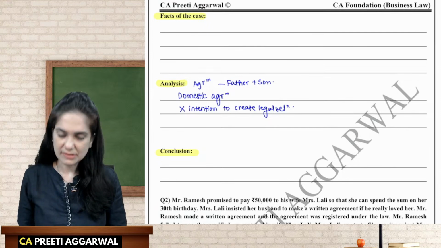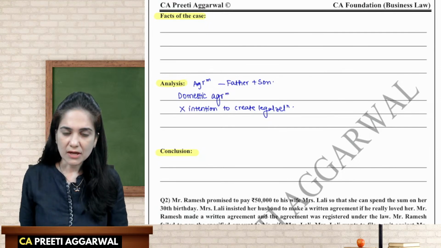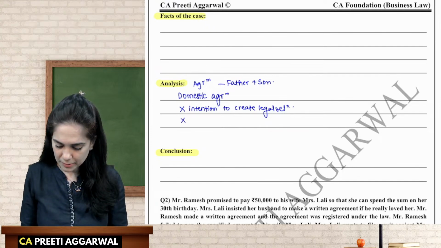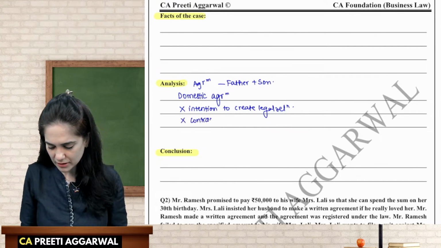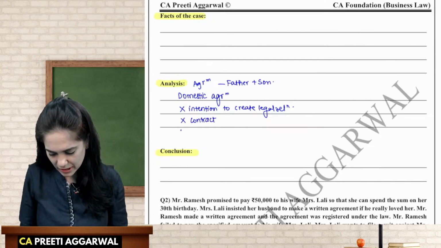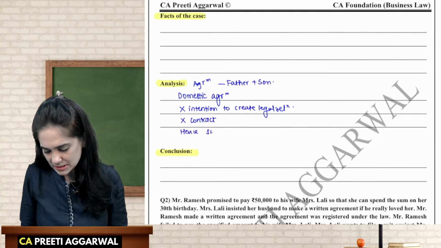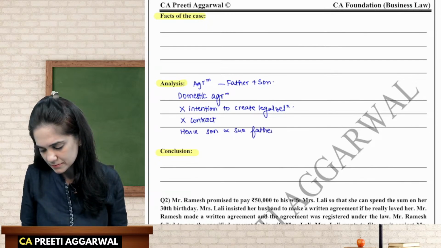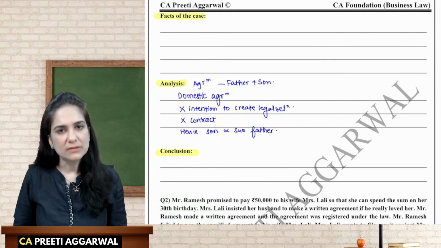That is why, since there is no enforceability, parties never intended to sue each other, this will not be a valid contract. Okay, hence son cannot sue father. And what will you write in conclusion?